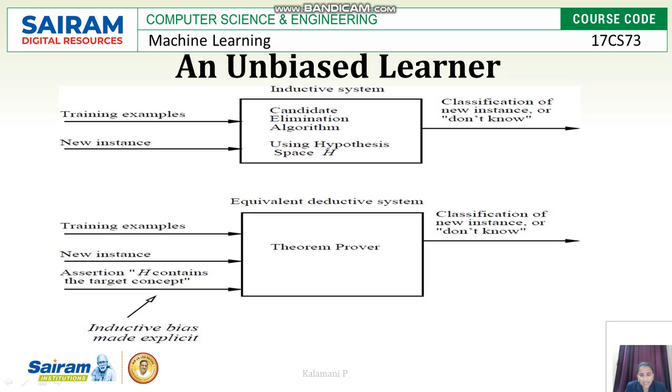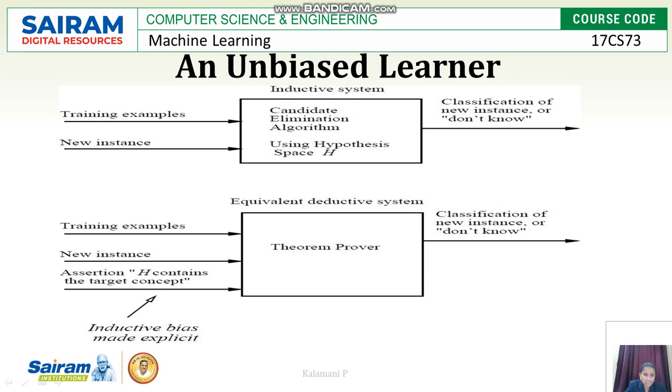An unbiased learner: we have the candidate elimination algorithm using hypothesis space H. This is the inductive system. Here we give training examples and a new instance as input, and get the classification of the new instance, or "don't know" in some situations. But in the equivalent deductive system, which is the inductive bias system, the same training examples and new instance are given as input, along with the assertion that H contains the target concept.